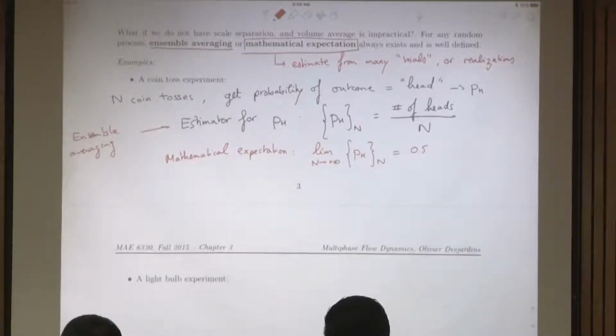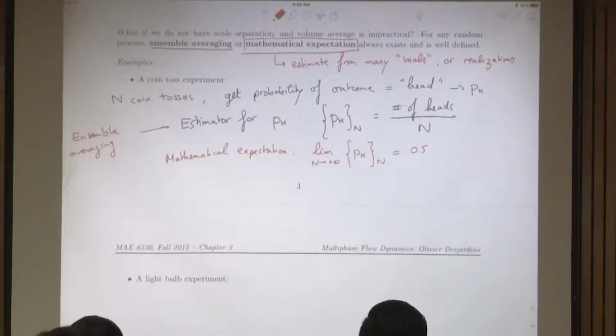Now, if we average locally over the realization and decide whether we have a particle or not at our location, now we can get another kind of estimate of the number density of particles. So we can just say, at a given point, for how many of my realizations did I actually have a particle at that location? That divided by the number of realizations gives me an alternative way that is always properly defined of obtaining a number density.